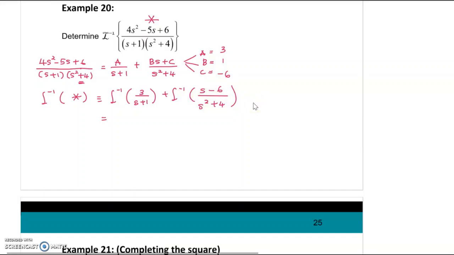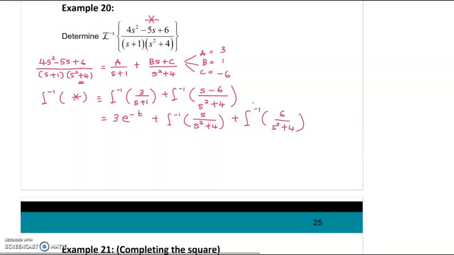For the first term, this is straightforward: 3 exponent of negative t. For the second term, we have the inverse of s over s squared plus 4 plus the inverse of 6 over s squared plus 4.